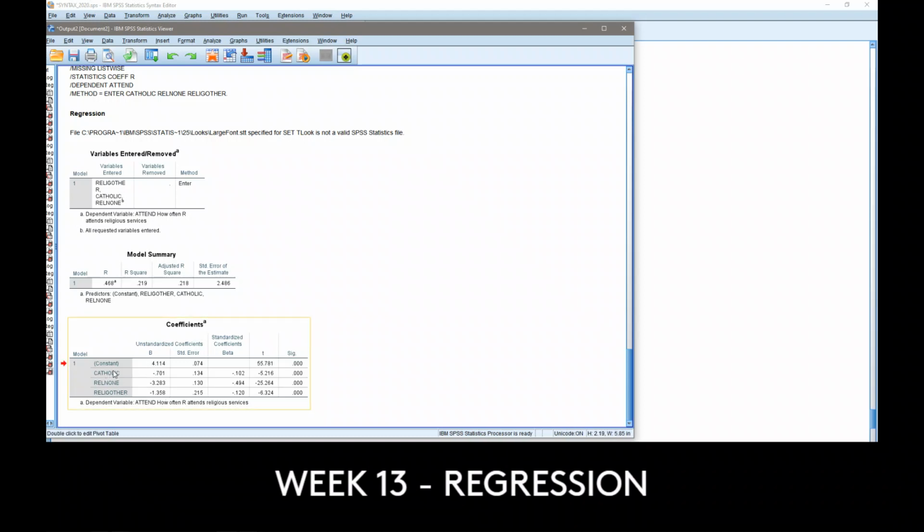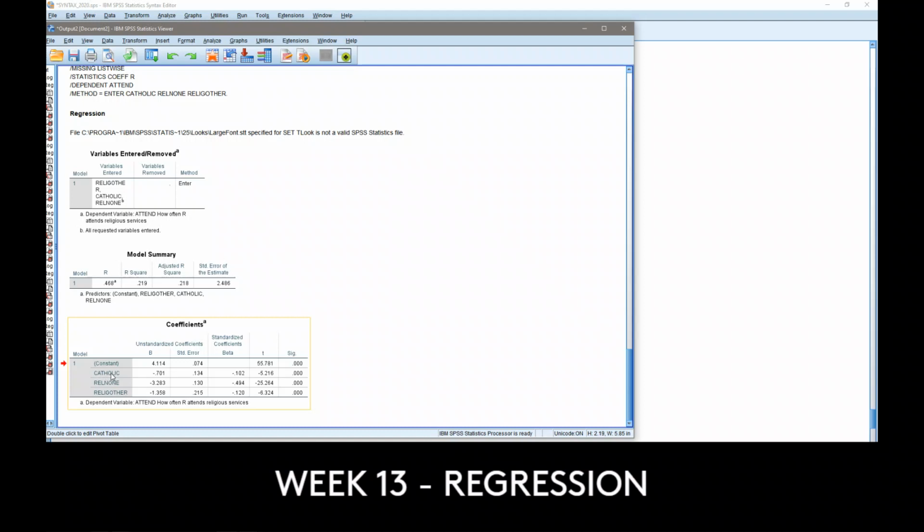All right, so the way we would interpret this is as follows. Remember, we left out the Protestant group. So every category here is being compared to Protestants, okay? Okay, we can see first that they're all negative and they are all significant. So the way we would interpret this is as follows.